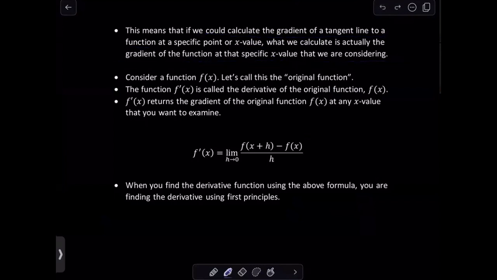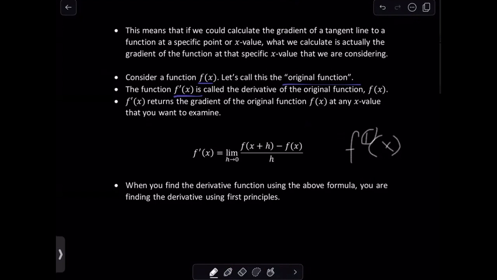I want you to consider the function f of x. This is a function that I give you. Let's call this the original function. The function f, with a little apostrophe, x, is read as f prime x. That apostrophe after the f is read as prime.